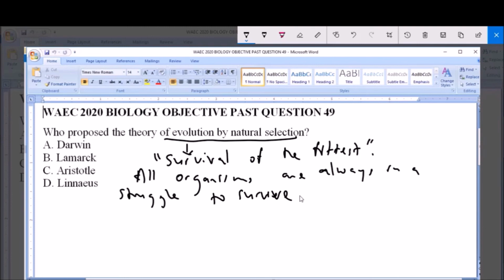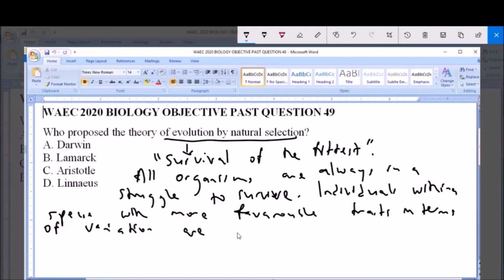Now the individuals within a species with more favorable traits in terms of variation are more likely to survive than others.